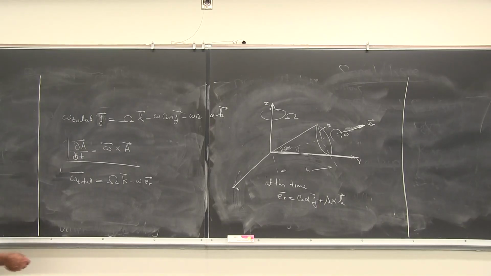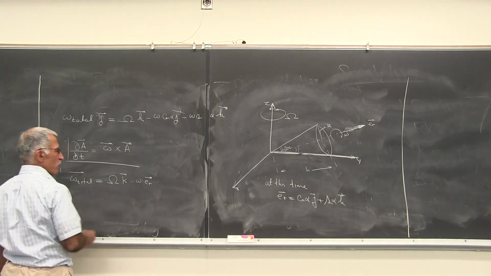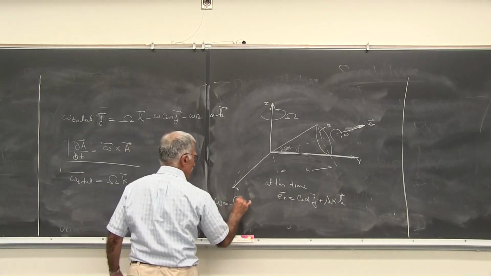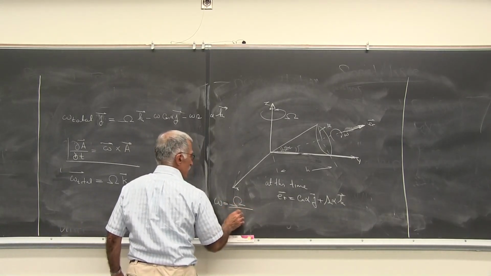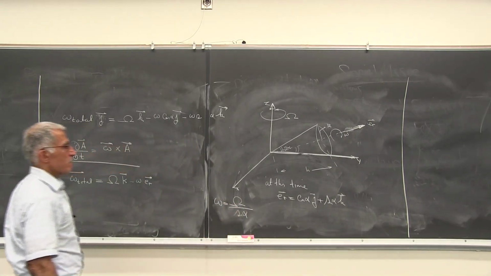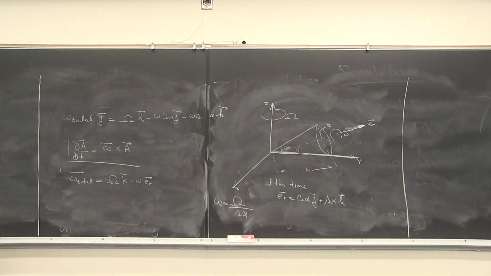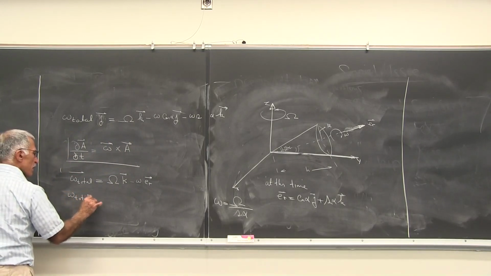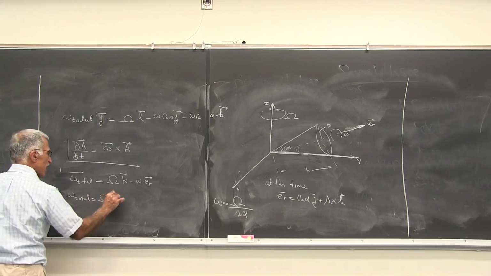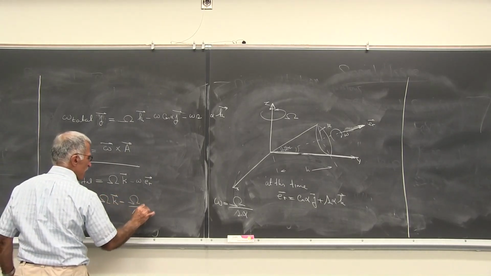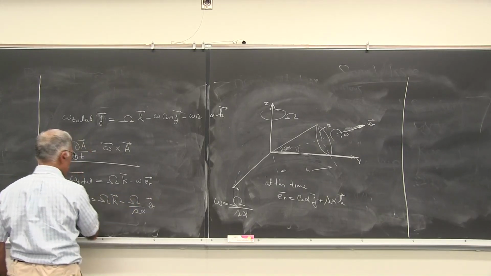So we found that the small omega is a capital omega divided by sine alpha. So you can put your omega total is omega k minus omega divided by sine alpha ER.